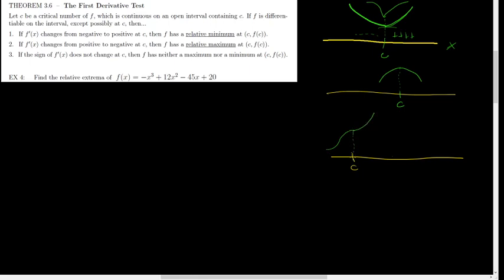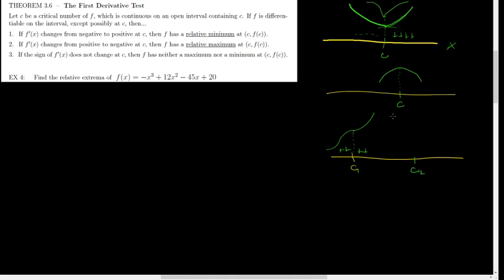Because the tangent line still has slope 0 here, this is still a critical number, but we would not say that this is a maximum or a minimum. So when the sign of the derivative does not change, in other words, it's positive to the left and positive to the right, it's not a minimum and not a maximum. It's neither. Okay, so over here at a different c, let's say c2, this is c1.